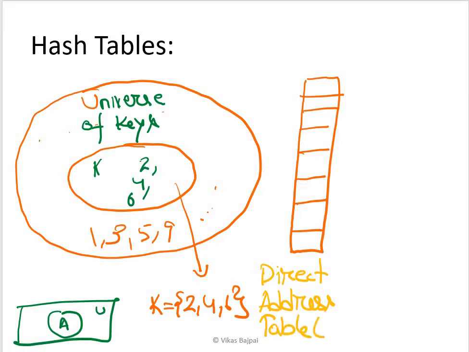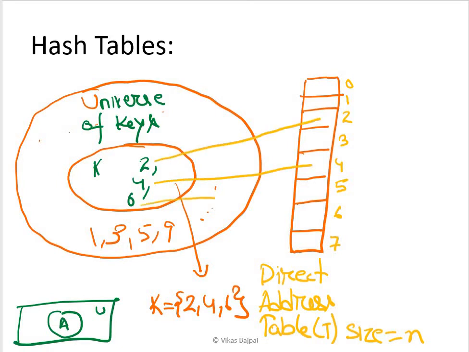The table can be termed as T or a DAT, and the size of this is n. In this particular table, let's say I have the slots 0, 1, 2, 3, 4, 5, 6, 7. So key 2 will be pointing towards slot 2, 4 will be pointing towards slot 4, 6 will be pointing towards slot 6.